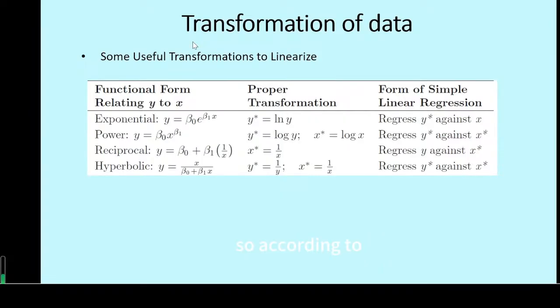According to the left side of this nonlinear relationship, we can transform y star as the log of y. For the power relationship, we can transform both x and y with the log transformation. For the reciprocal, we can transform the independent variable with the reciprocal form. And for the hyperbolic, we can transform both x and y with the inverse.